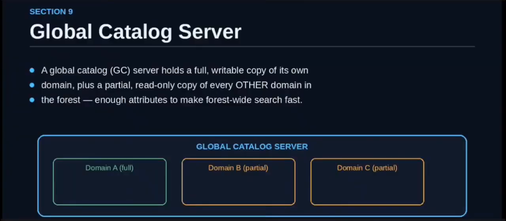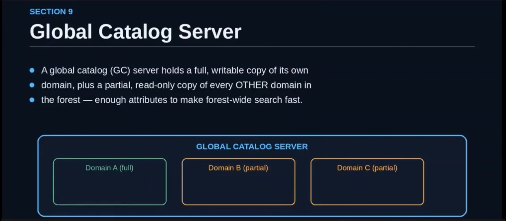Now let's understand what is a global catalog server, also known as GC. So a global catalog stores a complete writable copy of its own domain. In addition, it stores a partial read-only copy of every other domain in the forest. I mean, why only a partial copy?